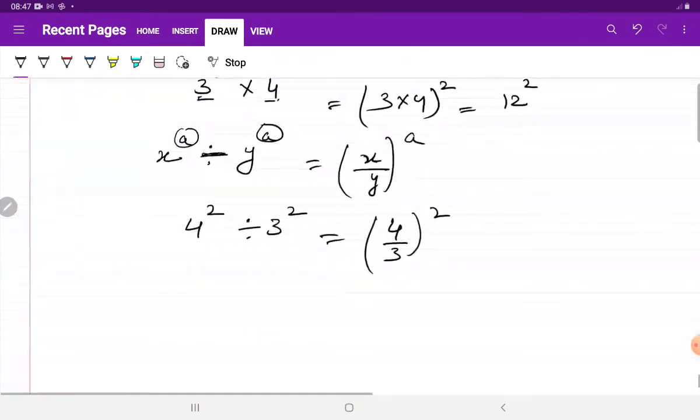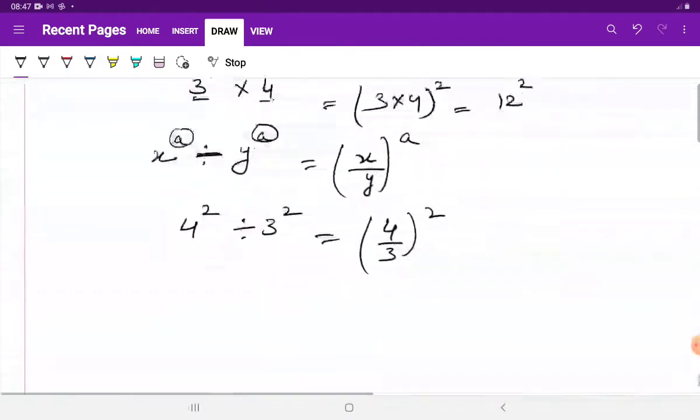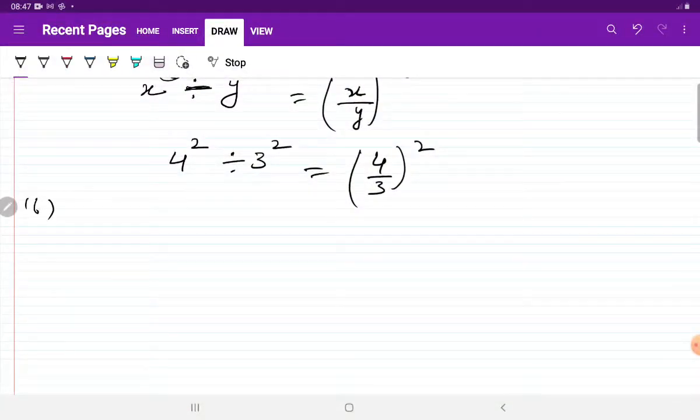Same. Now if I have any number with 0 exponent, my result will always be 1. Any number with power 0 will always give 1.